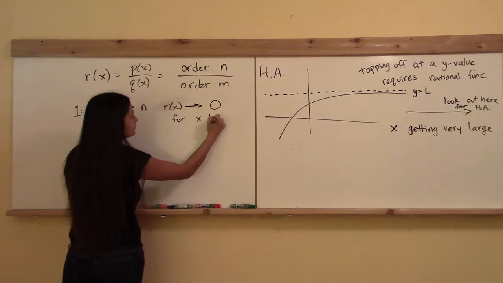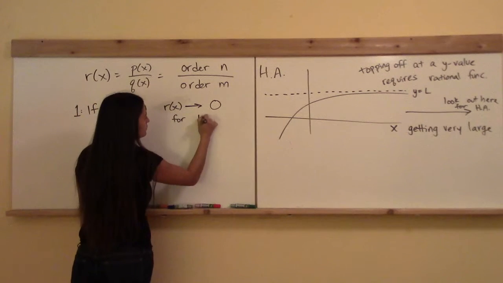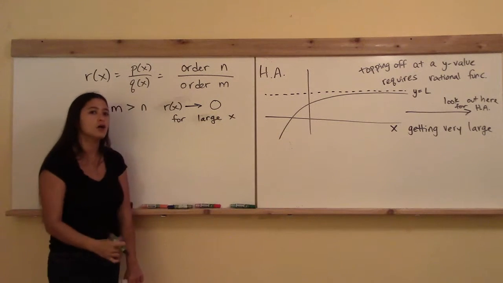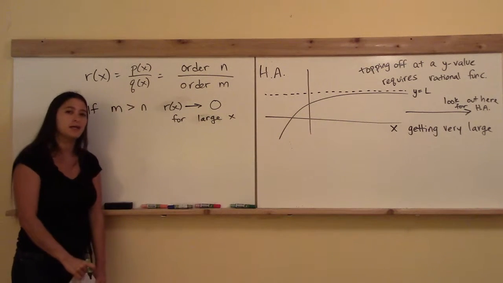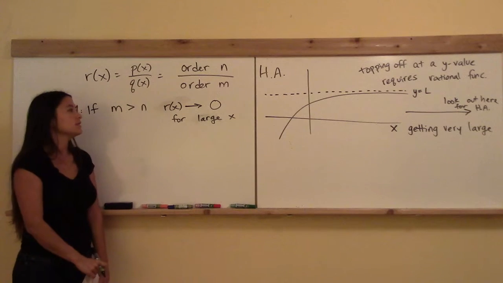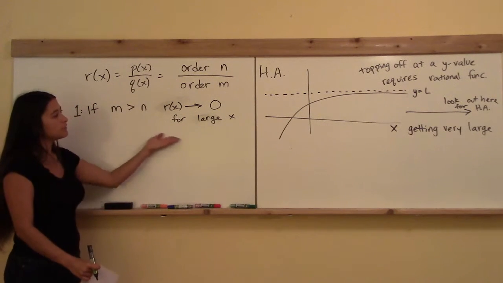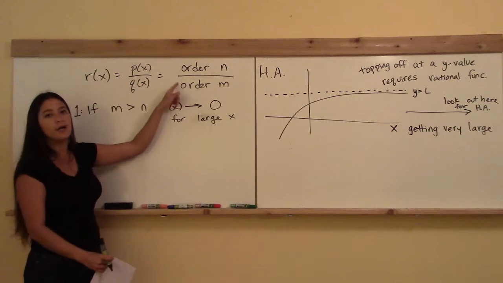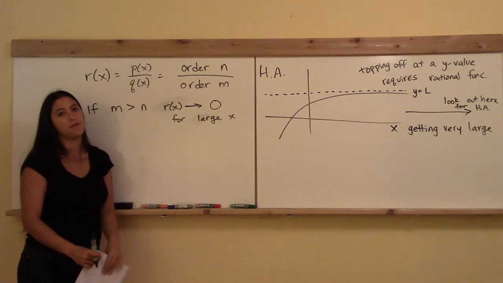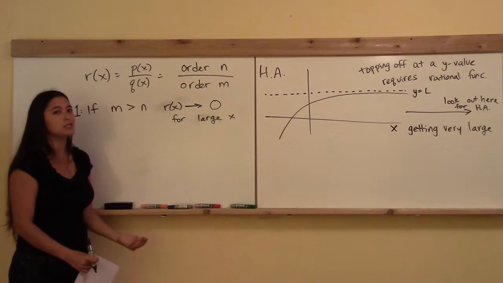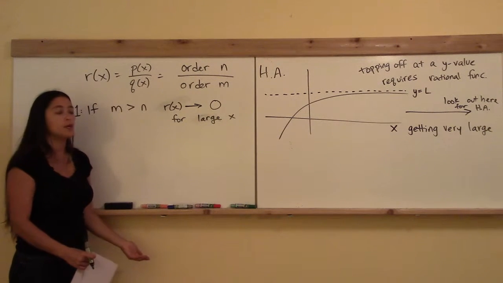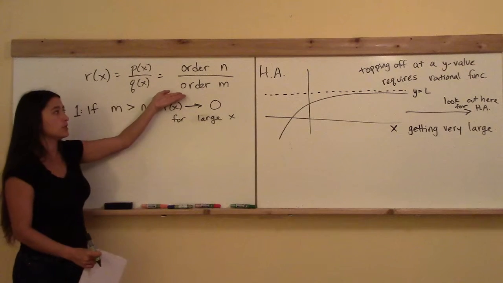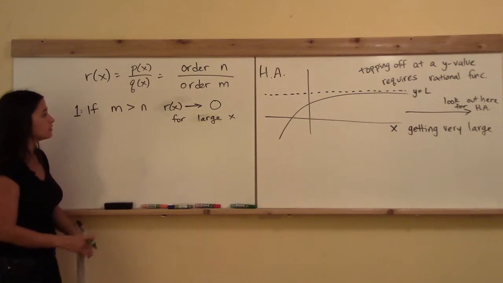And this is always for very large x. Horizontal asymptotes, again, are considered in very, very large x values. It's actually the limit as x goes to infinity. Okay, so your rational function, the ratio of those 2 polynomials, will go to 0 if you have a higher order polynomial on the bottom. Kind of makes sense because with higher order polynomials, the numbers get much, much bigger. So then you'd have a bigger number on the bottom, so it should go to 0.